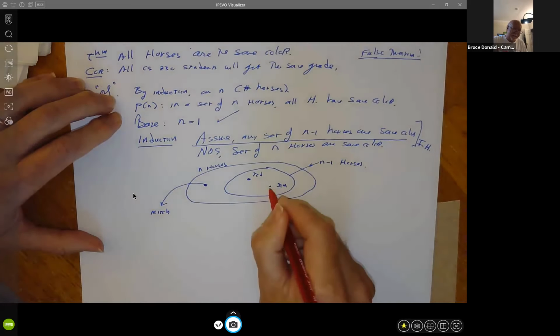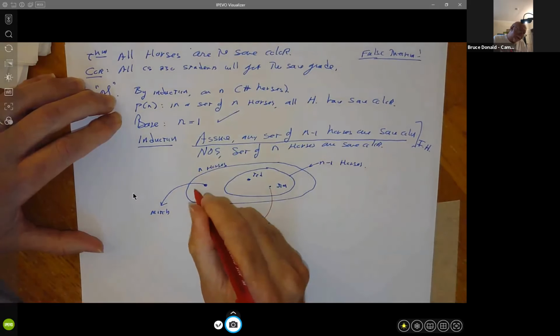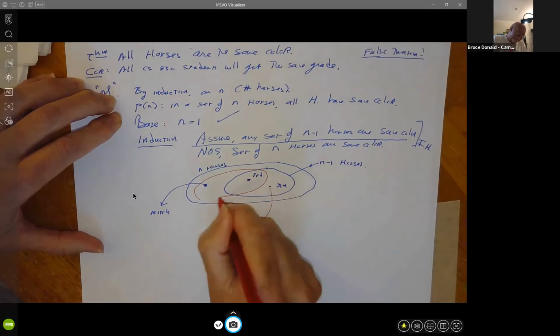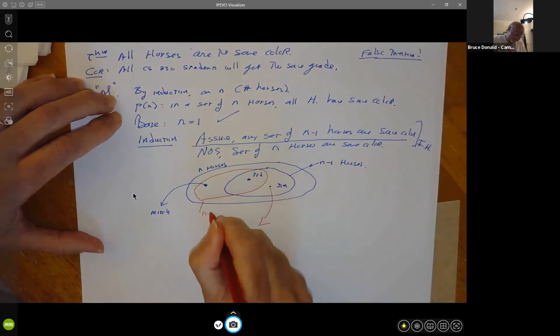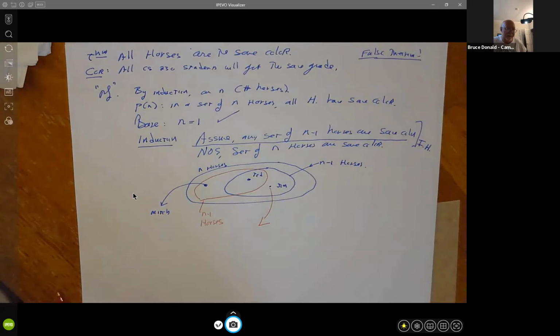I'm going to take out Jim. And again, I'm left with a set of n minus 1 horses. By the induction hypothesis, all horses in any set of size n minus 1 have the same color. And therefore, for example, two exemplars in there, Mitch and Ted, have the same color because they're in a set of n minus 1 horses, which are all the same color.